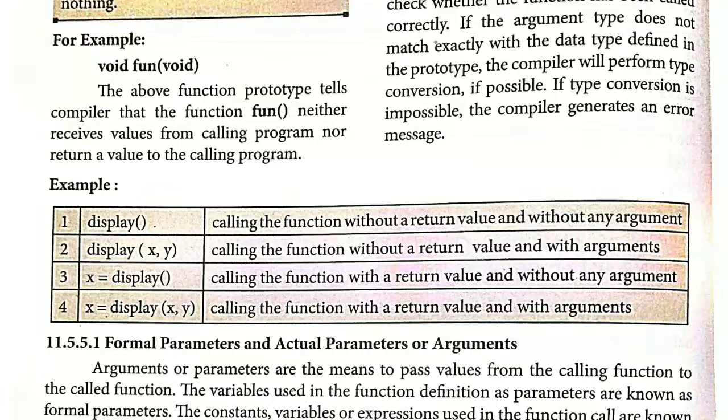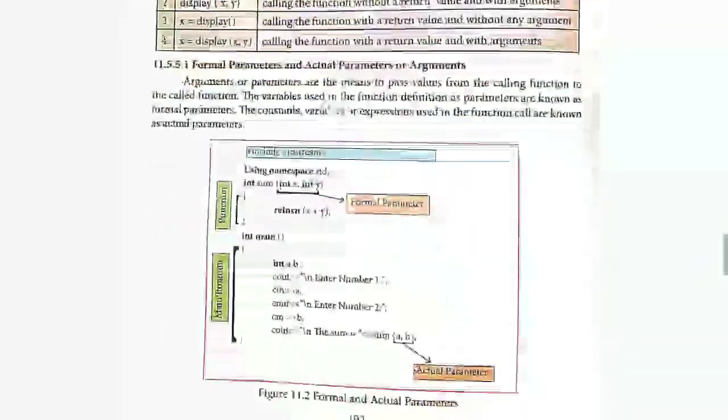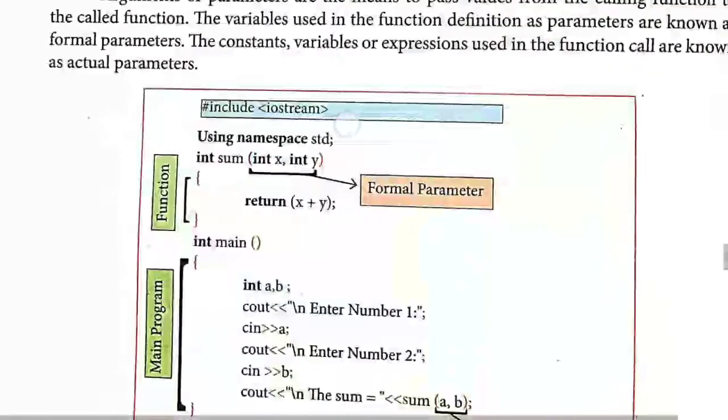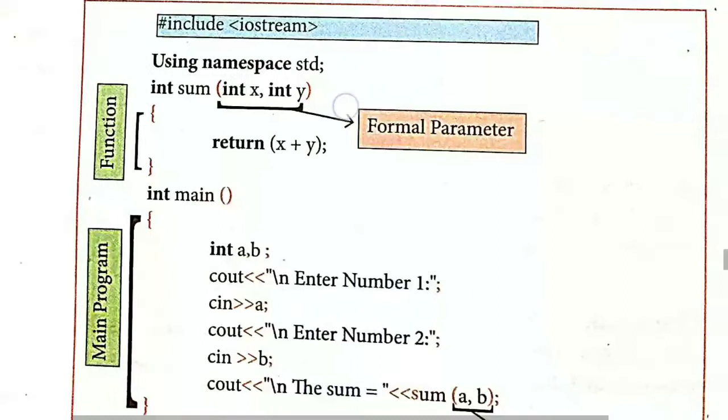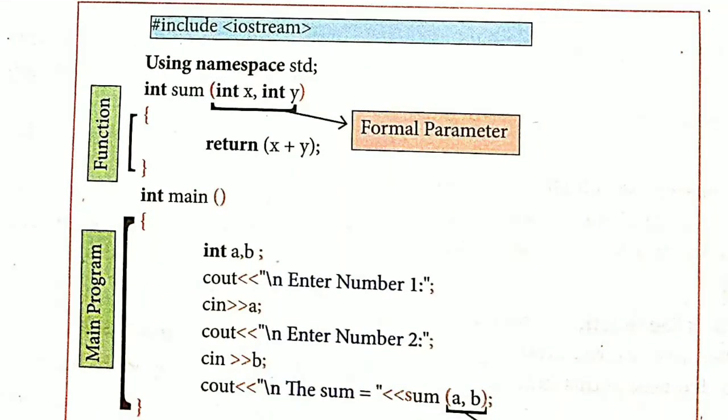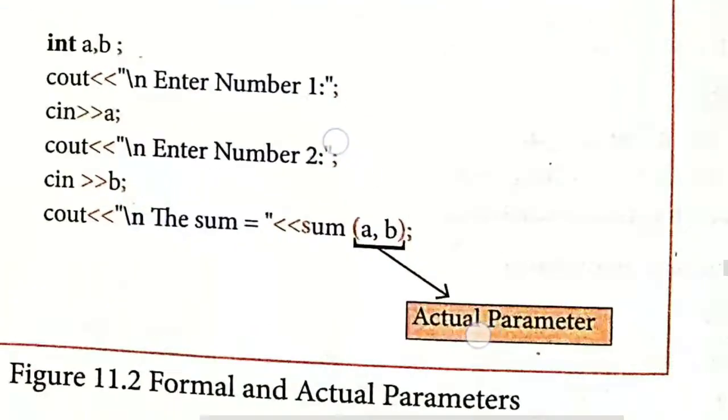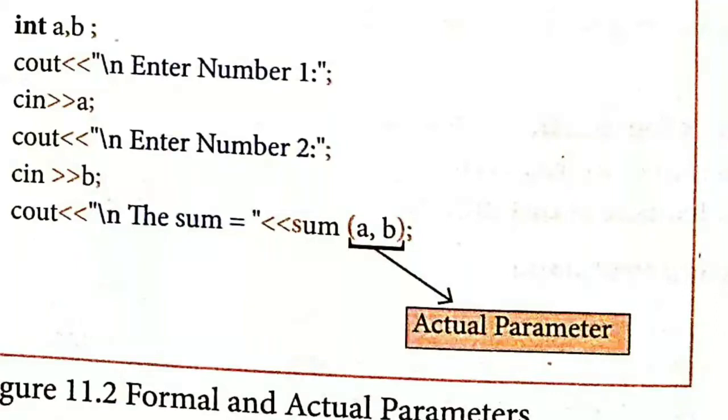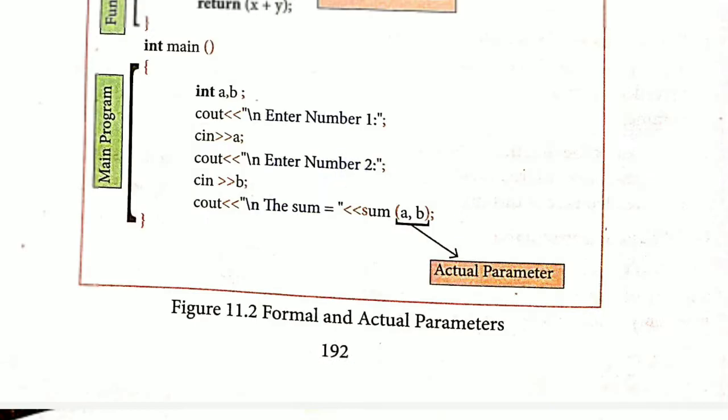So next is formal parameters and actual parameters. Formal parameters means the parameters that are created by the user defined function. Actual parameters means the parameters that are created in the main function.